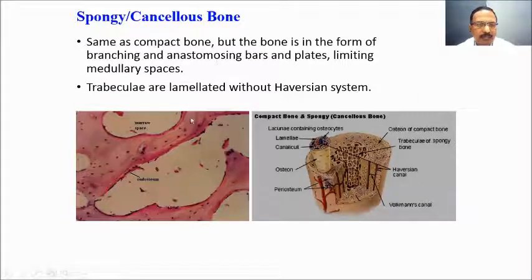The cancellous bone is made up of bony trabeculae interconnecting each other and anastomosing. If the trabeculae are very big, then you may get some Haversian systems there. Otherwise, usually in the bony trabeculae, Haversian systems are absent. They will be present as bony lamellae, or sheets of bone, which are interconnecting and anastomosing.